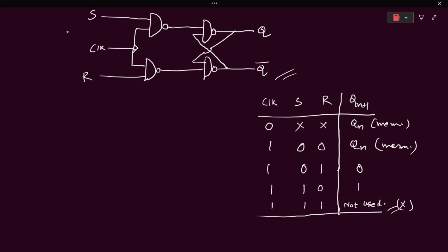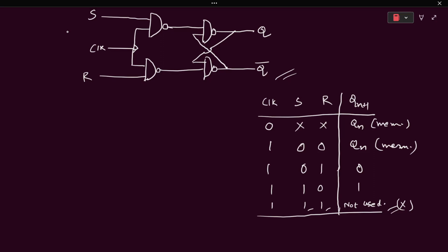Now what we will see, as I recently mentioned, is that when we make the clock high and take both inputs S and R high, then we won't be able to get a satisfactory result in the output. I discussed in detail why we won't get a satisfactory output state when we make both inputs of an SR flip-flop or an SR latch high.